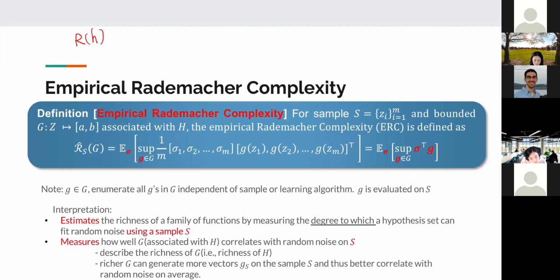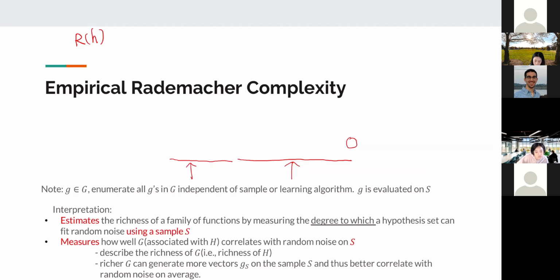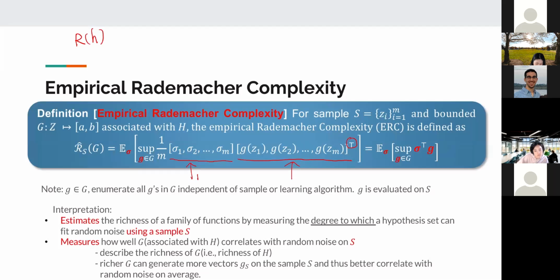We're taking the expectation over this inner product. This is a row vector, because I write it as a row: sigma 1, sigma 2, up to sigma m.